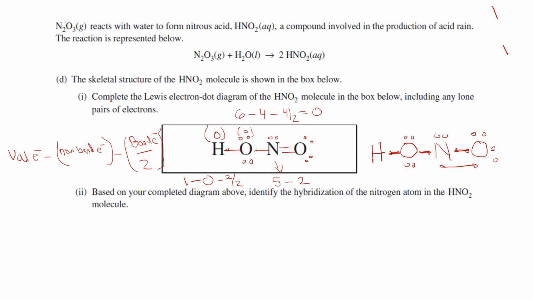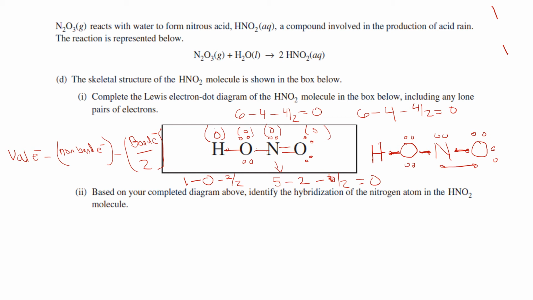Bonded, I've got 1, 2, 3, 4, 5, 6. 6 divided by 2 is 3. Gives me a formal charge of 0. And for this oxygen, again, I have 6 valence electrons. Non-bonded, I have 4. Bonded, I have 1, 2, 3, 4 divided by 2, so that gives me a formal charge of 0. The idea is you want to get as close to a 0 formal charge as you can.